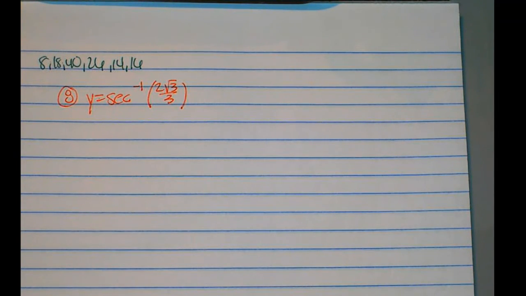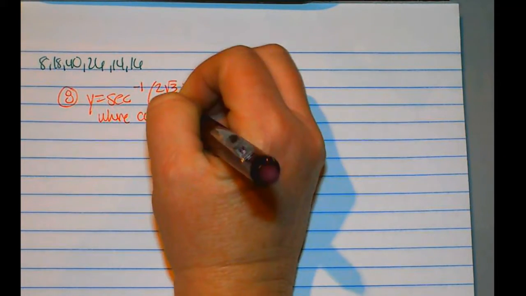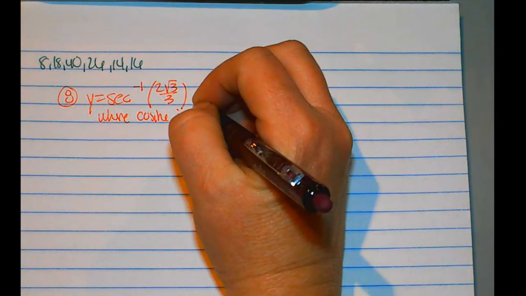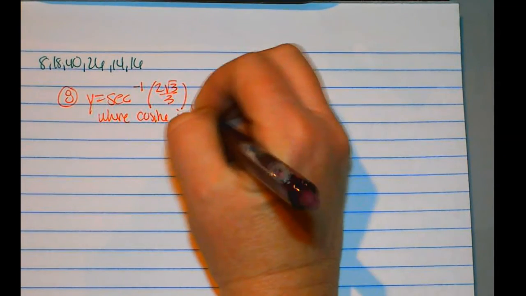Now, I have more practice with these, so I can flip that over easier than you might be able to, but here's what I think: this is probably going to be the square root of 3 over 2, because these are the only things I know in the unit circle. So let's check and see. If this says secant, I'm looking for cosine, right? And I think it is going to be the square root of 3 over 2.